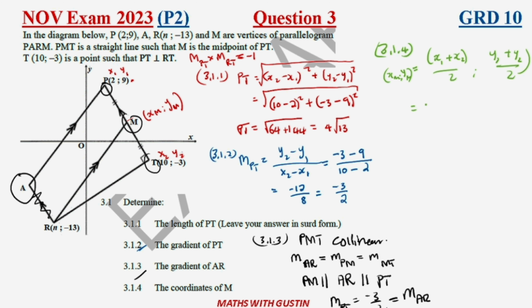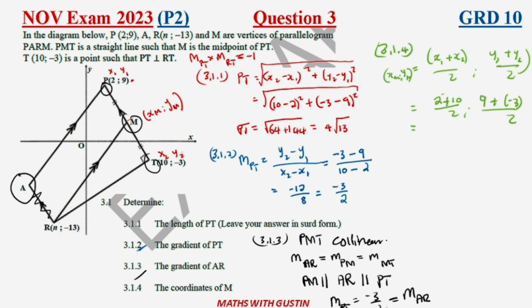Okay, so we're going to substitute x1 is equal to 2 plus x2, which is equal to 10, divided by 2, and then y1 is equal to 9, plus in brackets -3, all over 2.